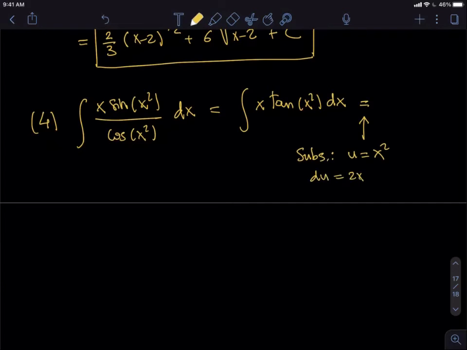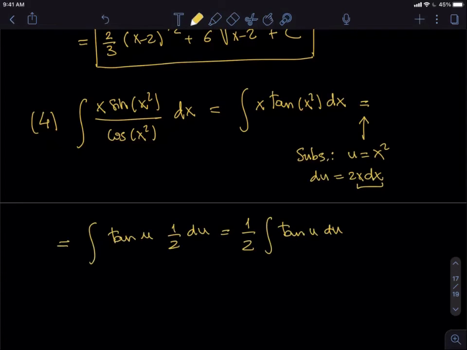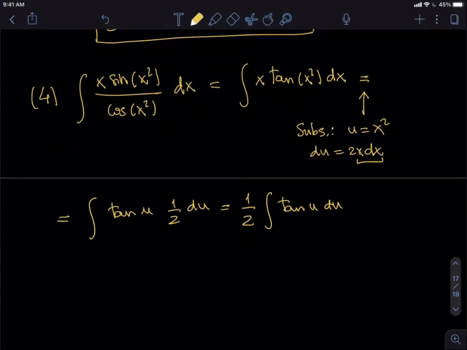du is 2x dx, and then this is the integral of tangent of u, and then x dx, you see it here, is 1/2 of the du. So this is 1/2 of the integral of the tangent of u du. This one we did in the previous video, so we can just repeat the computation here.